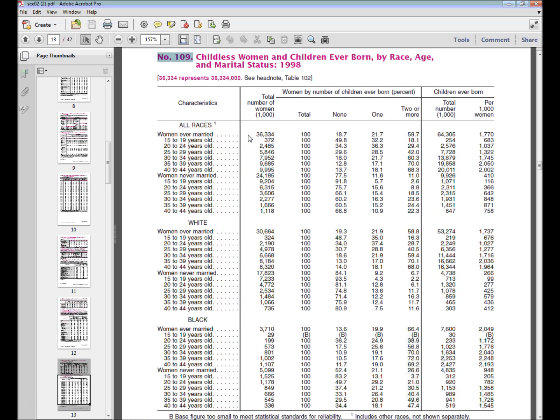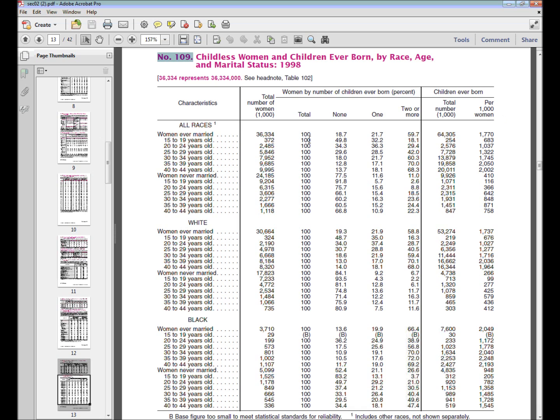And then this tells us the total number of women, and again, this is another way to say that this is in thousands. So I need to add 3 zeros, and then all of these are percents. And this is a number, and this is a rate. So it's per 1,000 women.